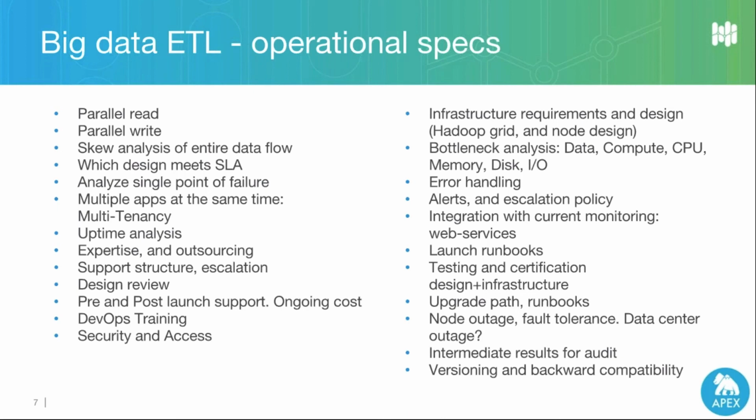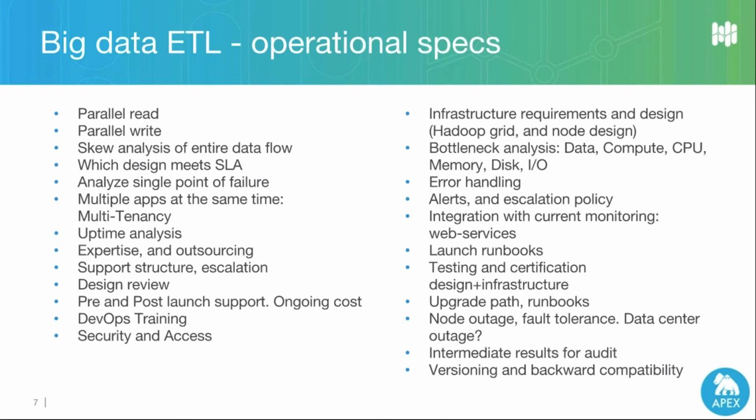So when we talked about functional specs in the previous slide, we described what all things are needed, right? But those are just the functional things. When we look at the operational things, there are a lot more things to be handled. For example, we just say that I want to read data from X and write data to Y, but it inherently means that I want to have parallel read, parallel write, because we are talking about big data.